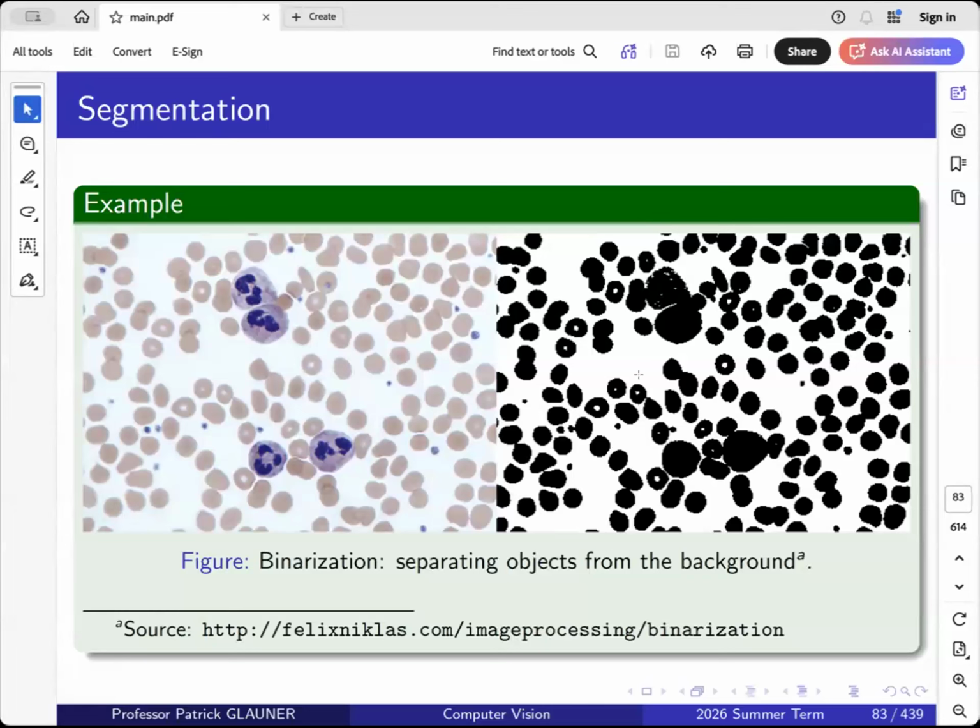So what we do is a so-called binarization. So that means it's either background or an object. Now, I want to know from you if you have any idea of how we could actually do such a binarization. So we have a color image and we need to transform it into a binarized image.